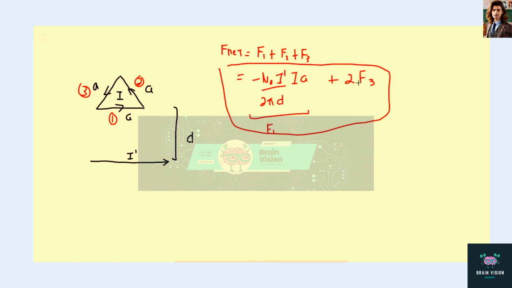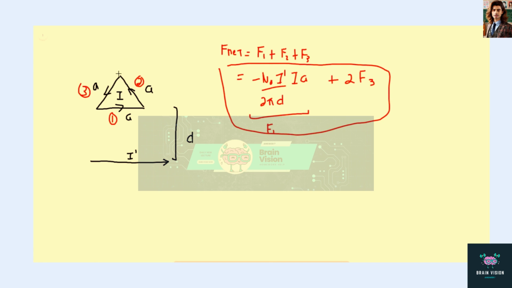Now we just need to find F3 or F2, any of the forces acting on these two wires. To do that, we have to use our normal force equation for current going through a wire, but we're going to have to integrate it. That's because if we look at the distance between the long wire down here and the portion 3 of this wire, you can see that the total distance is changing along the length of it.